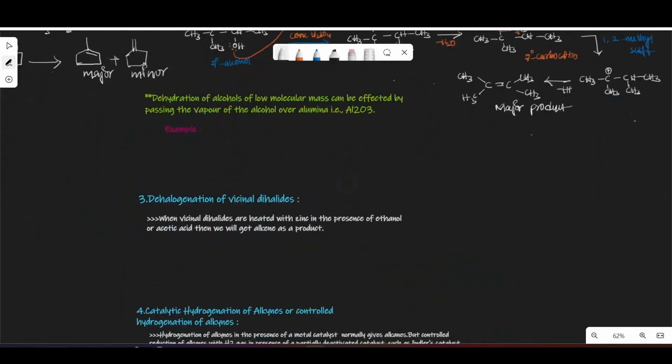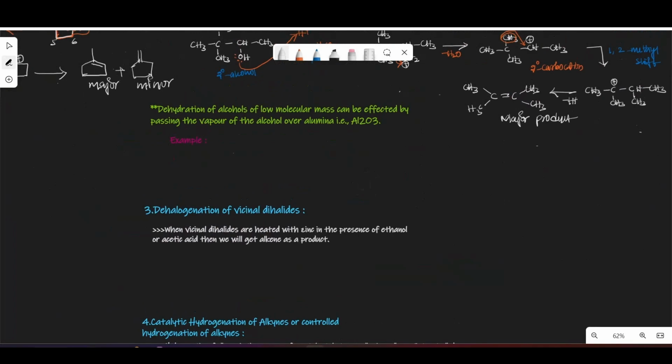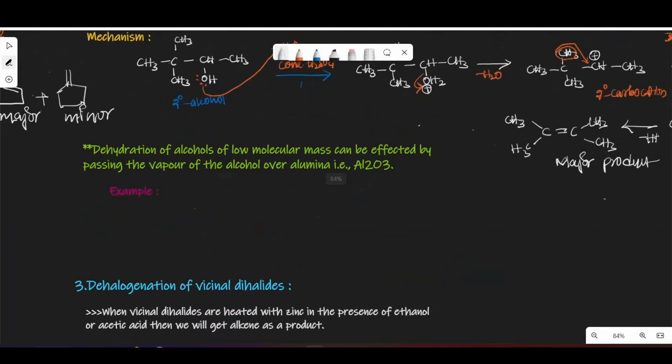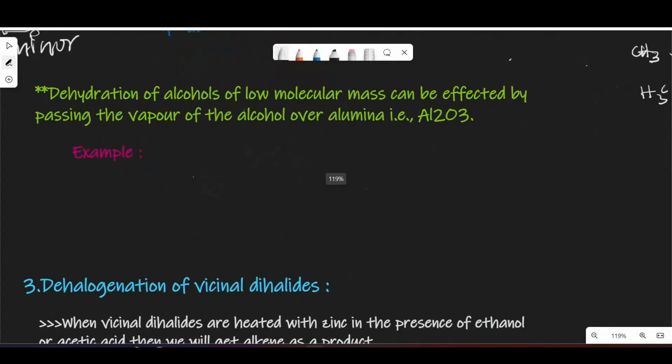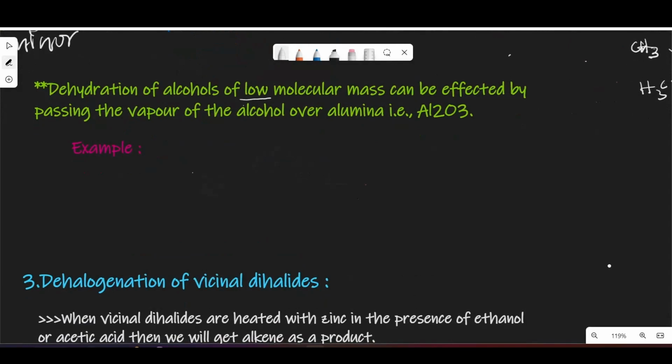And one more thing: dehydration of alcohols of low molecular mass can be affected by passing the vapor of the alcohol over aluminum oxide. Like if, instead of concentrated H2SO4 or H3PO4, you take Al2O3 alumina, then also we will get alkene as a product. Let's see one example.